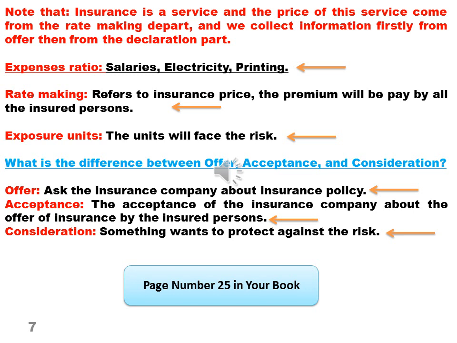Rate making refers to insurance price. Again, the premium will be paid by all the insured persons. You must notice that the premium must be paid by all the insured persons after your contract agreement in the insurance company. You must pay the price of this contract, the price of these services, which is called the premium.